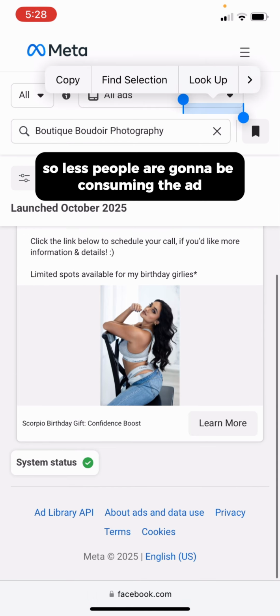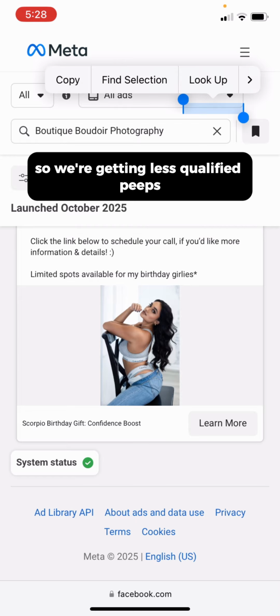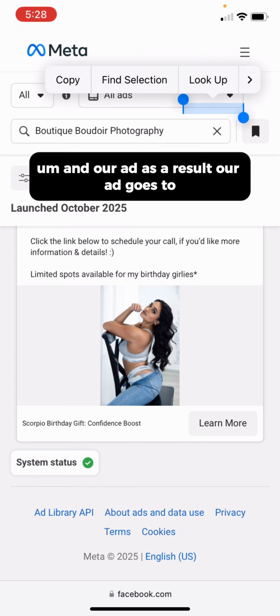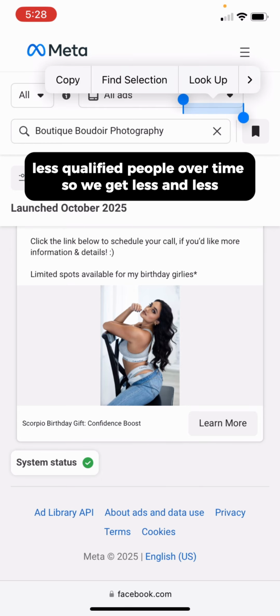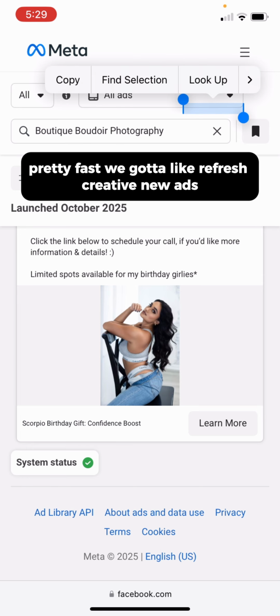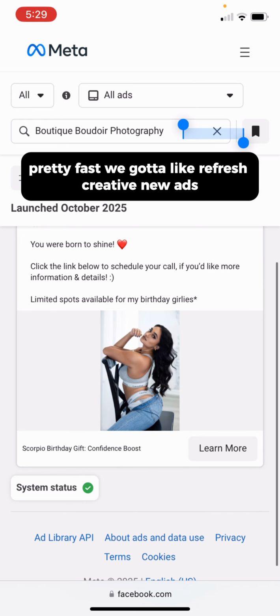So less people are going to be consuming the ad. We're getting less qualified people. Meta thinks our ad's trash, and as a result our ad goes to less qualified people over time. So we get less and less results over time, aka our ad burns out pretty fast, and we have to refresh creative, new ads, all this garbage.